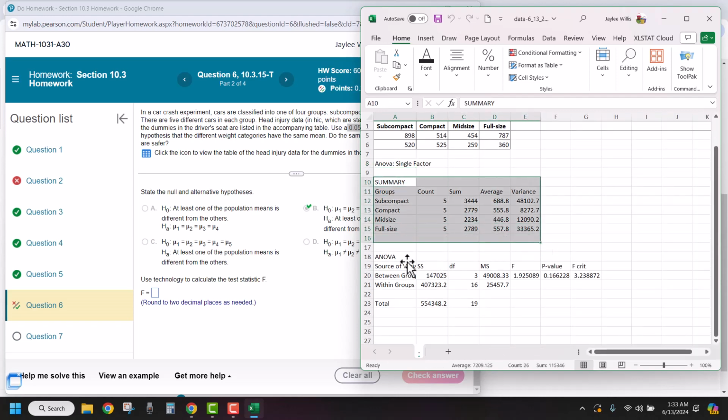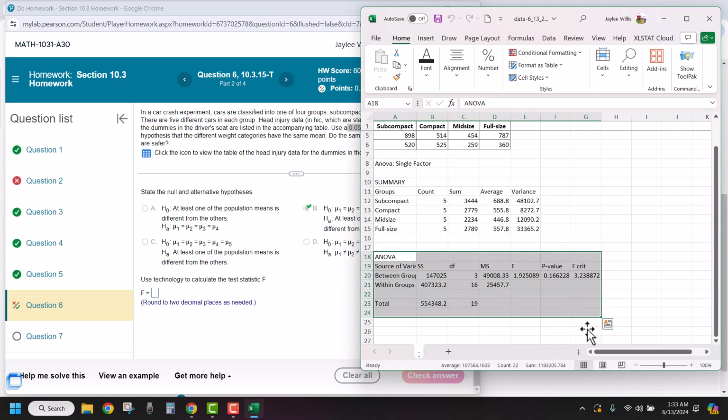So it gives you this summary, it gives you all of this stuff. But the two important things we're going to look at are the F test statistic, which is this number here, and then the p-value here.